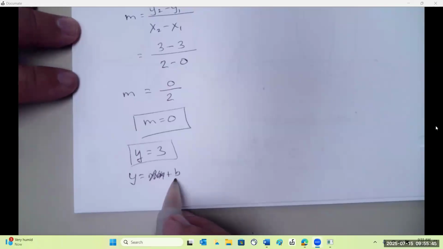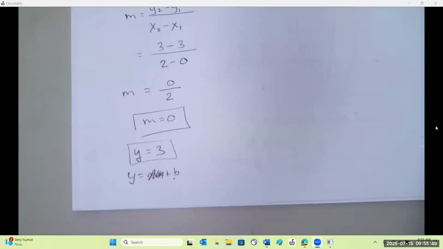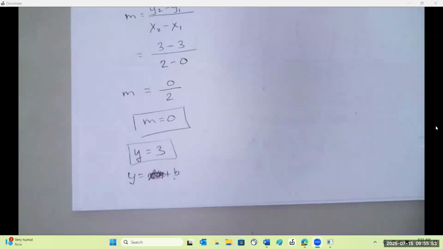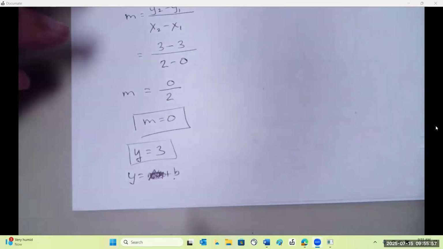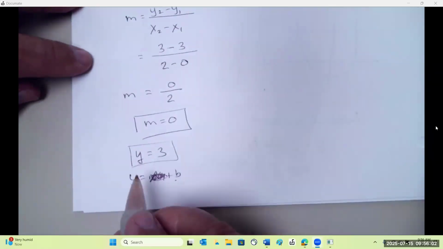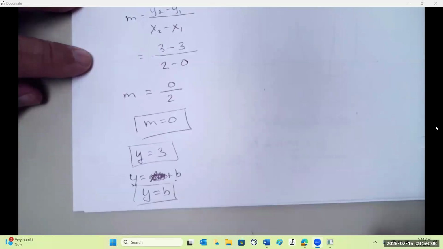What's the y-intercept? 3. So it's just y equals 3. So a horizontal line does not have an x value. So the equation is just the y-intercept. So y equals b is the equation of the line.